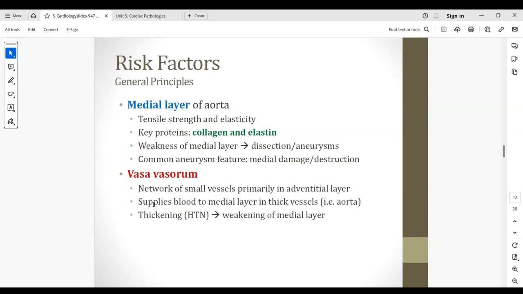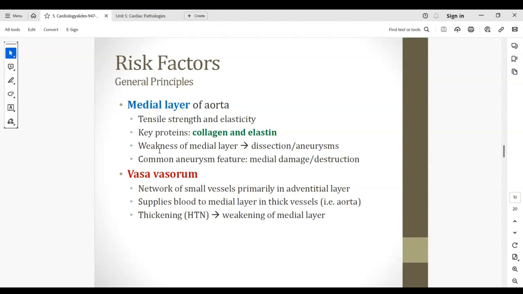So, what are the risk factors for aortic dissection? I just said that we have three layers of the aorta, which are the intima, the media, and the adventitia, or the outer layer. This medial layer, or the media of the aorta, is responsible for the tensile strength and elasticity.